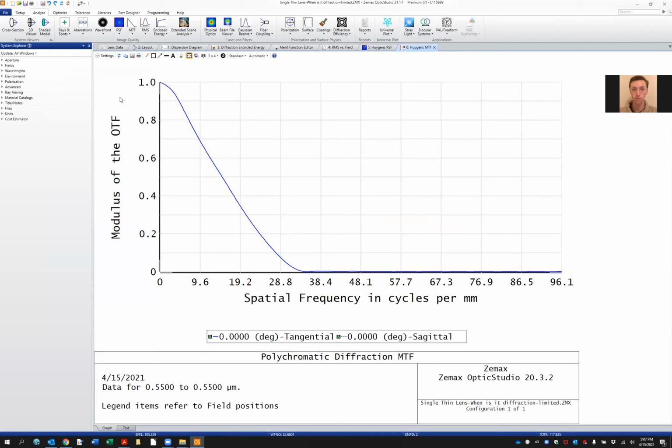Although they put the label MTF here, here they're calling it OTF, that's optical transfer function, and modulus is absolute value. It's important to use different words so that no one can actually tell what you're talking about. That way it's more impressive, I guess, if you keep changing your terminology as much as possible. So this is the Fourier transform of the point spread function.